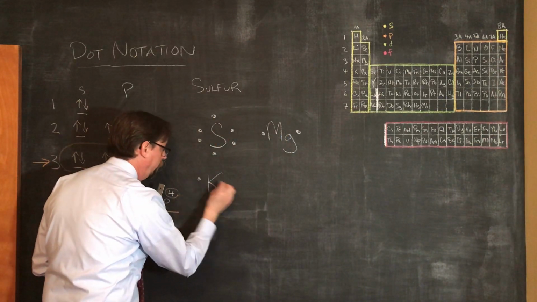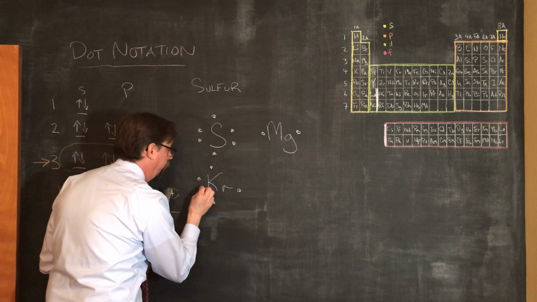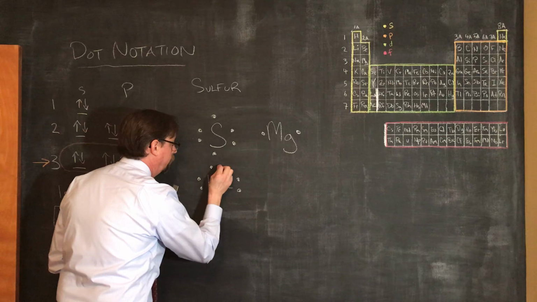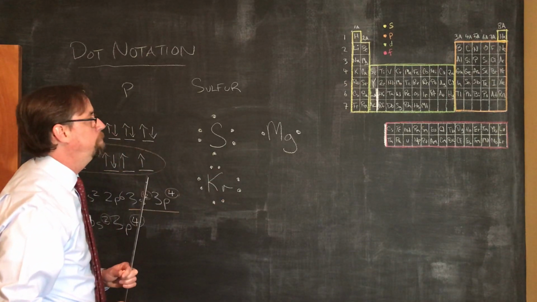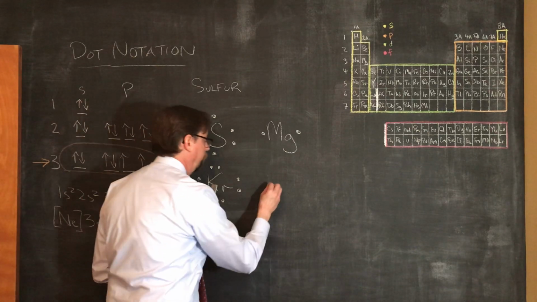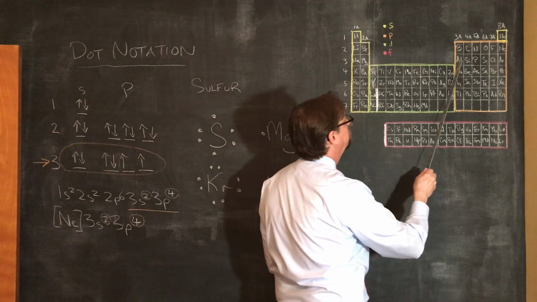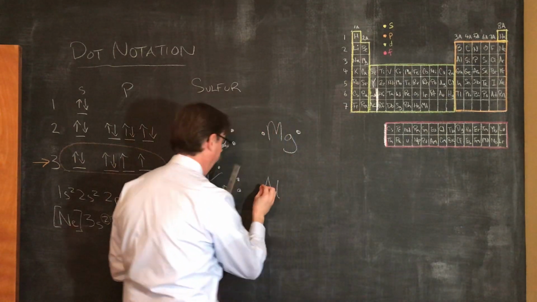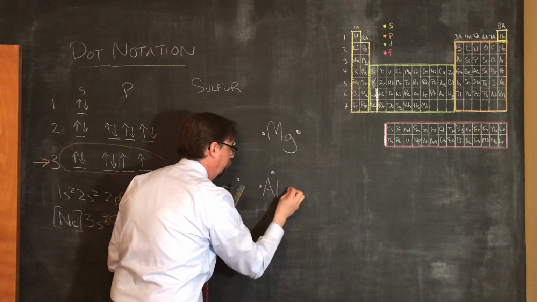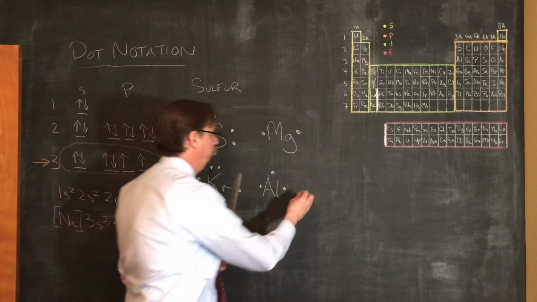I'd go 1, 2, 3, 4, 5, 6, 7, 8. How about aluminum? Here's aluminum. It's in group 3A, so it has 3 outer shell electrons. So 3 dots.